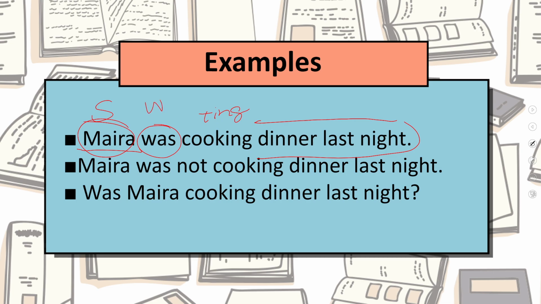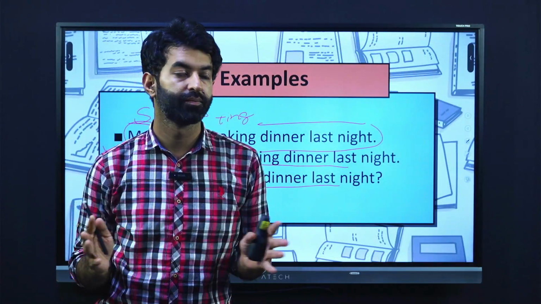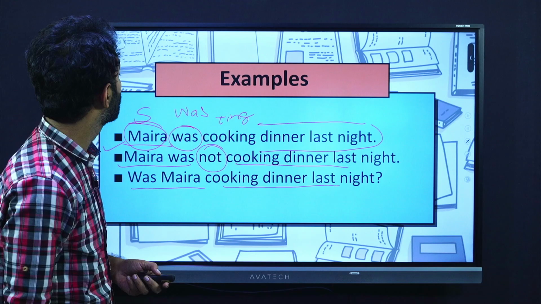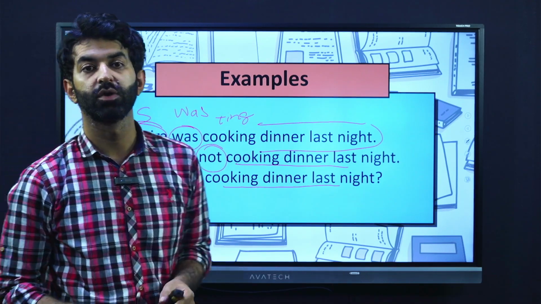So we can see that we can follow the structure and create or construct past continuous tense. For negative one, Myra was not cooking dinner last night. For interrogative, was Myra cooking dinner last night? With your interrogative punctuation mark. So this is how you're going to make your past continuous tense.